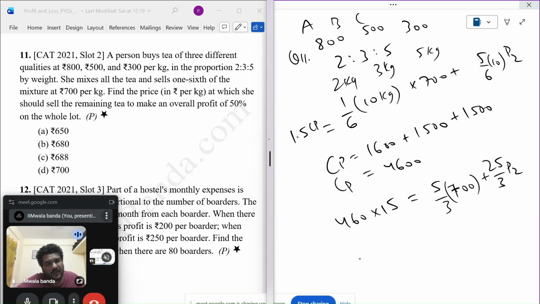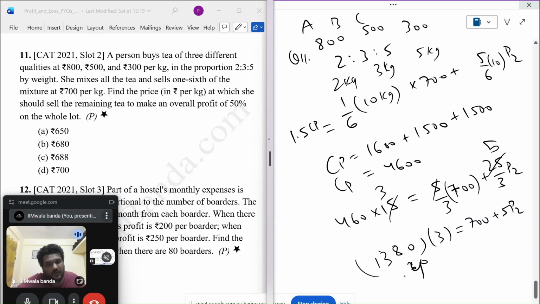We have to calculate, I guess. No, let's reduce it. I hope I'm not making a calculation error.